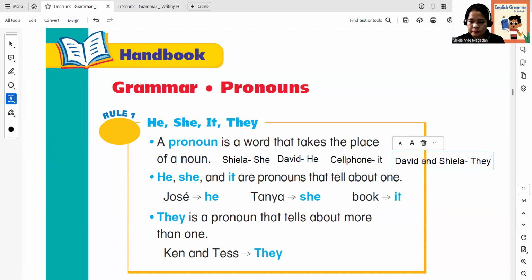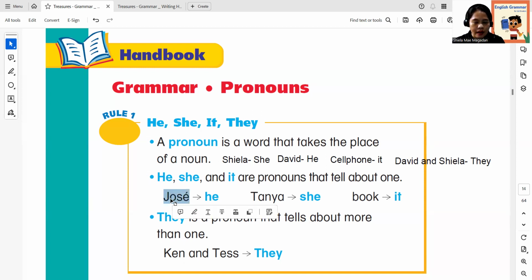So if it's 2, 3, 4, we use the pronoun they. He, she, it are pronouns that tell about one. As in the examples I've given: Jose, like David, he. Tanya, Sheila, she. Book, cell phone, it. So that is the pronoun.